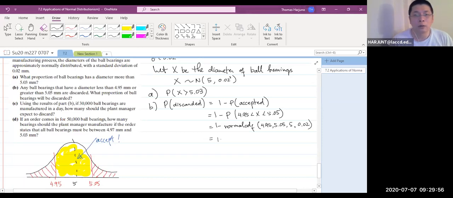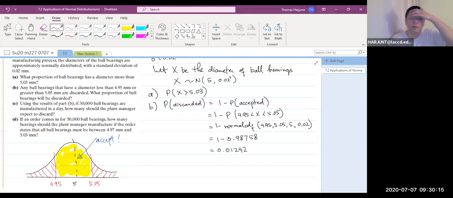I get 1 minus 0.98758, which is 0.01242. That's the probability of being discarded. Now, why I want to go over this question is because of what happened if we do long run.